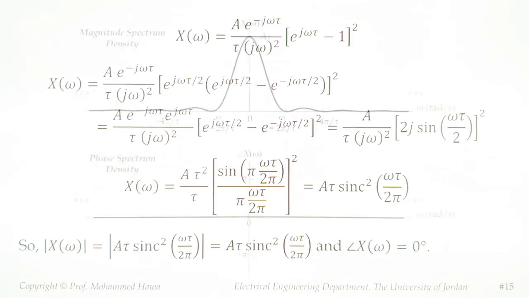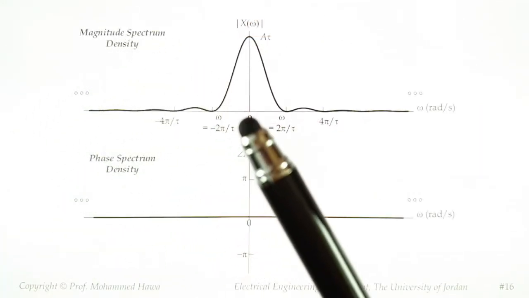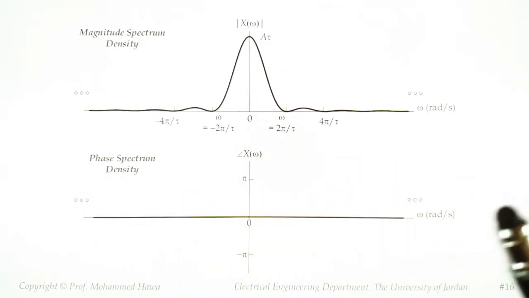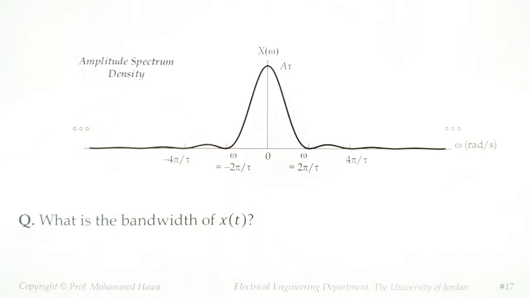Here is what the magnitude spectrum density looks like. This is sinc squared. And here is the phase spectrum density, which is 0 all the time. This is a very simple answer. I can combine both diagrams into the amplitude spectrum density, which is our frequency domain representation of a single triangular shape.